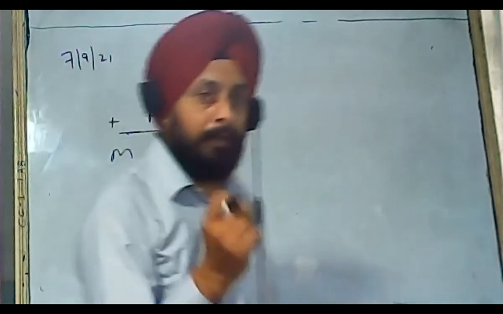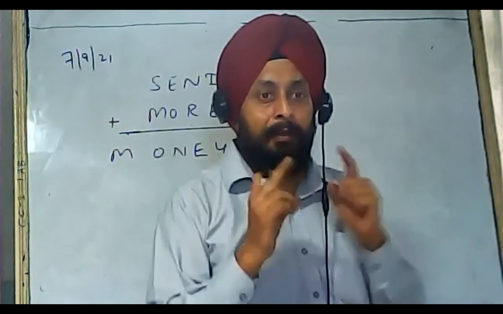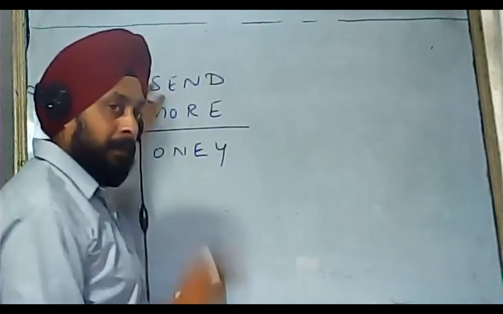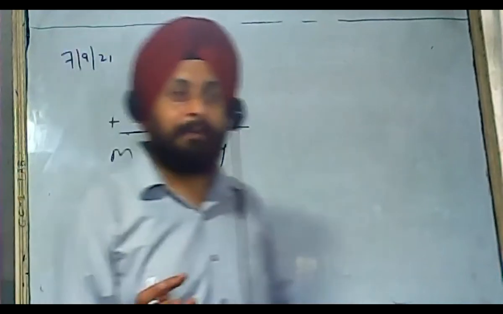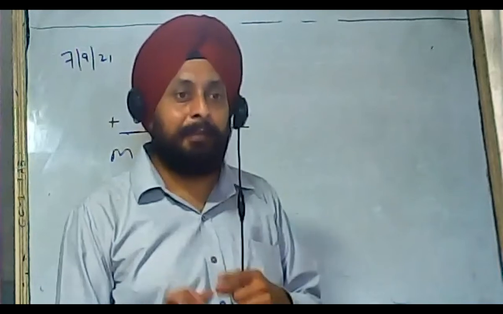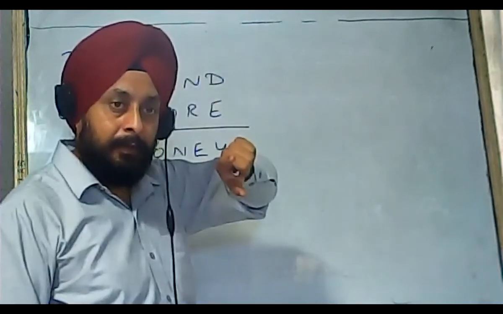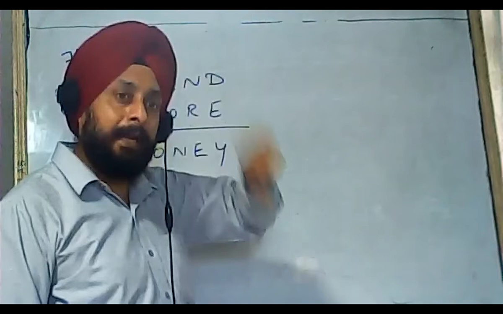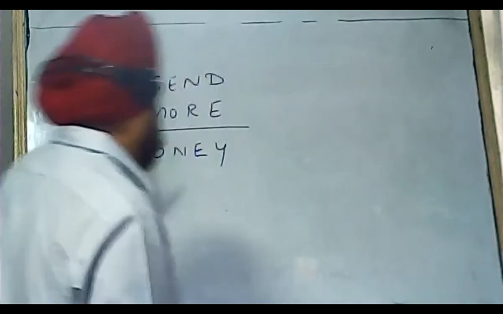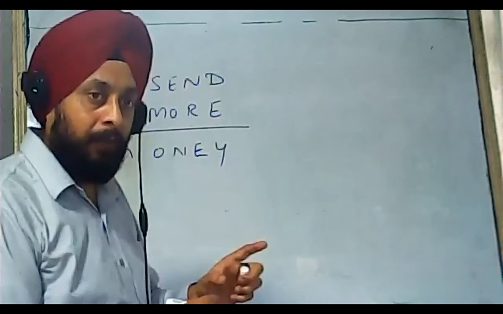And according to the constraint satisfaction problem, the constraint is that once a digit is assigned to any character of the alphabet, the same digit cannot be assigned to any other character, and vice versa. Vice versa means if one character holds one digit, that digit cannot be given to any other character.